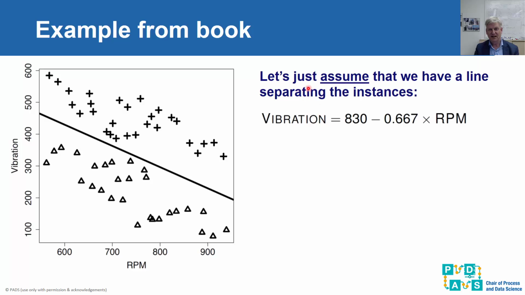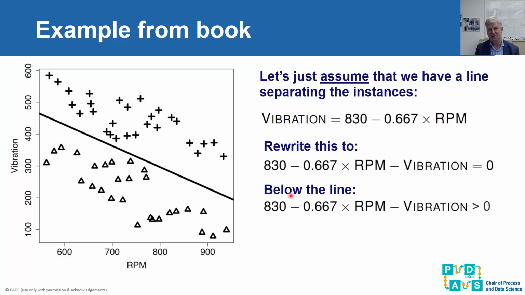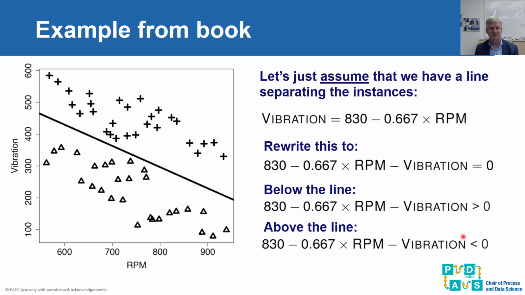So let's assume that we have found this line based on minimizing the errors. Then we can first try to interpret this, so we can rewrite this to this. Note that I can multiply everything times -1, and then the meaning doesn't change, but the direction changes. We can talk about below the line, that corresponds to this, and above the line, that corresponds to this. Below the line, we can fill out two example variables.